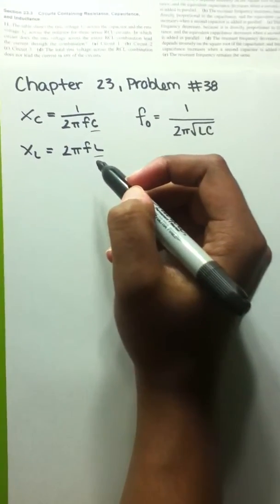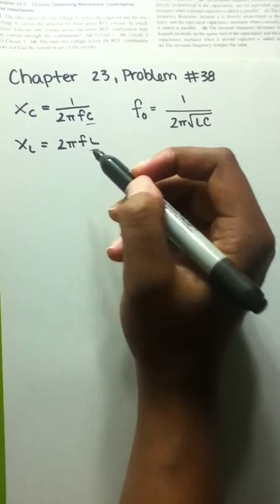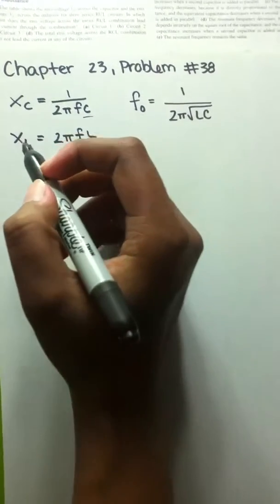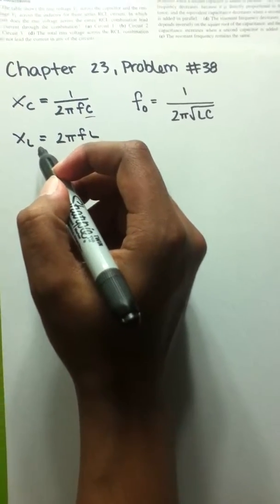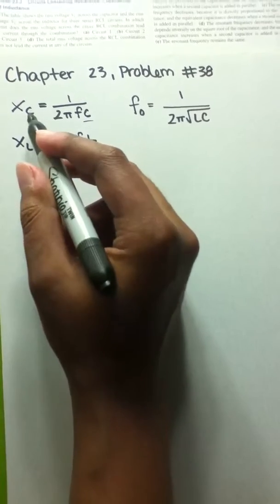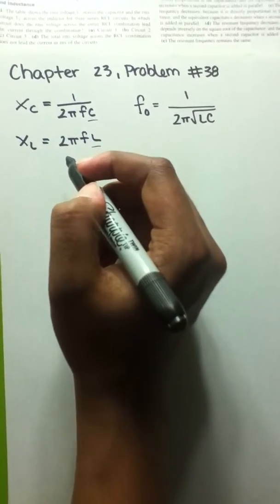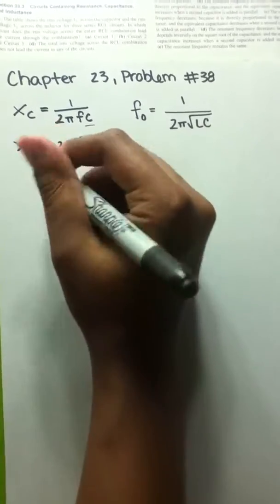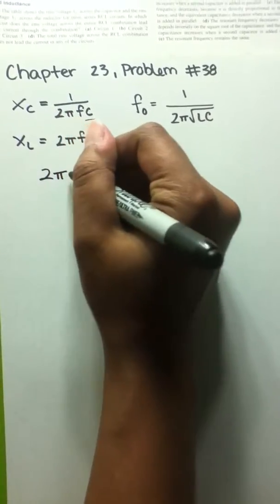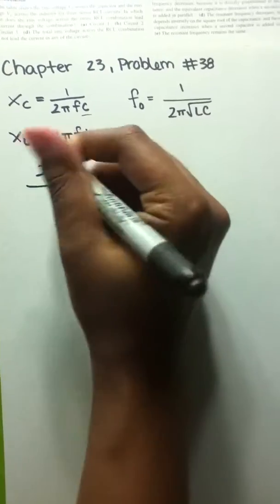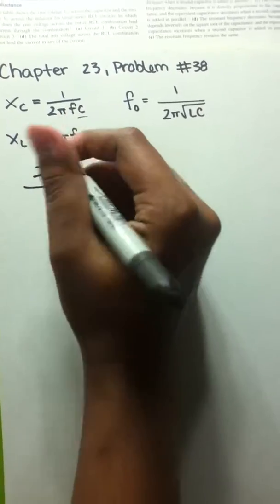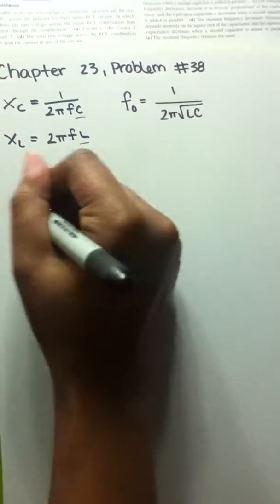And going back to the problem, it said that the ratio of the inductive reactance to the capacitive reactance was equal to a value of 5.64. Another way to represent this is by doing 2 pi FL, so the inductive reactance, divided by the capacitive reactance.